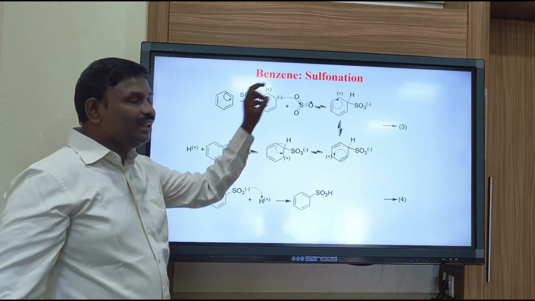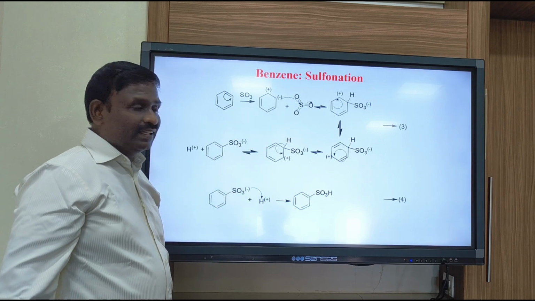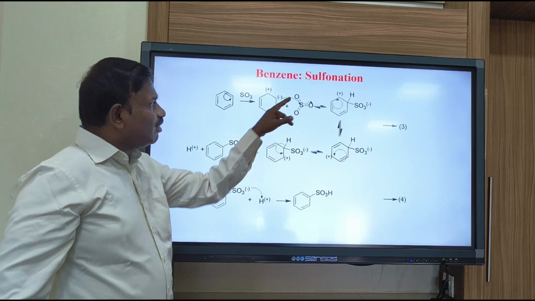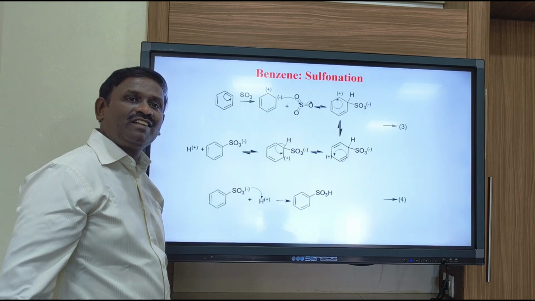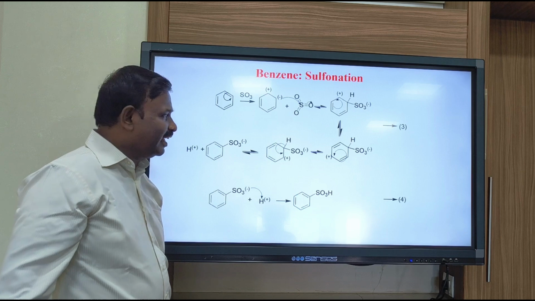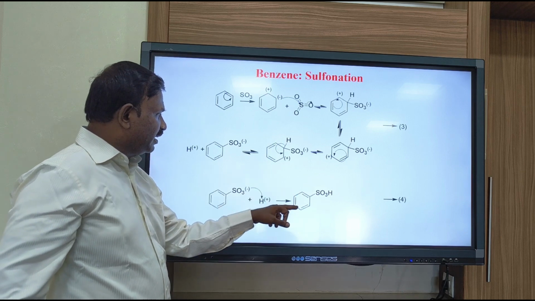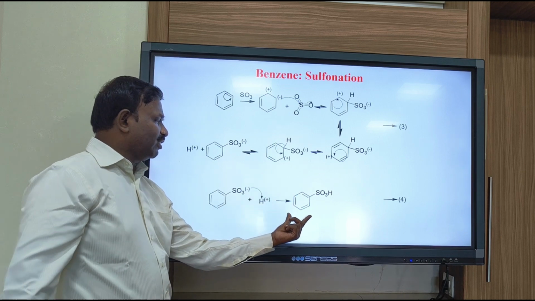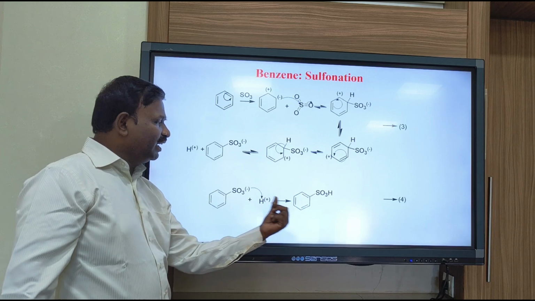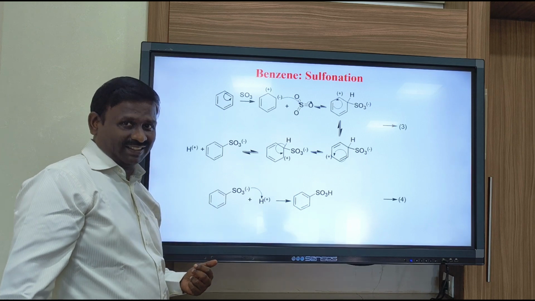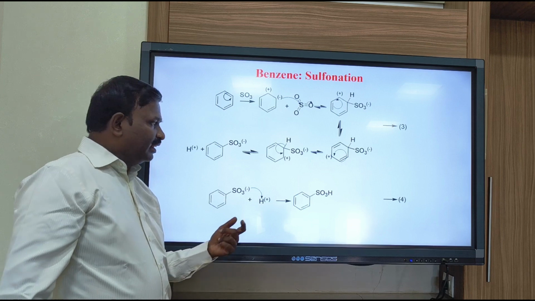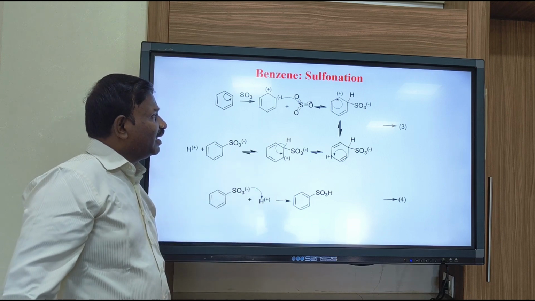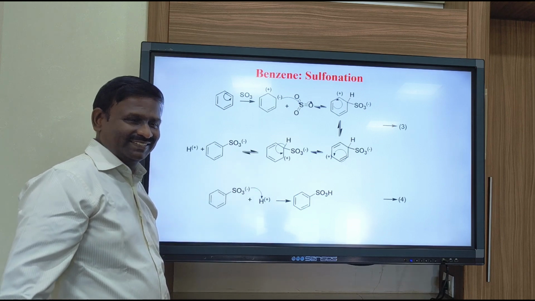This is a neutral electrophile. This is the beauty of sulfur trioxide or sulfonium ions. Sulfonation occurs at a very fast pace when we heat it at 40 to 50 degrees centigrade. This is how sulfonation occurs in benzene. Thank you.